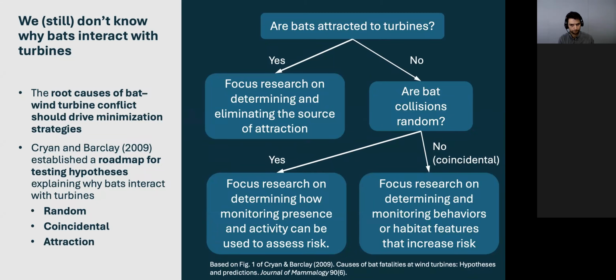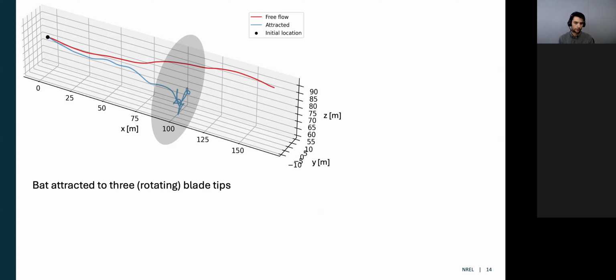And maybe a little more interesting is what if they're attracted to moving targets in particular? What if they're attracted to the blades of the wind turbines? This simulation, showing this in 3 dimensions, shows the motion of a free stream bat, not attracted to the wind turbine and just moving with the turbulence, that's in red, versus the motion of the same bat attracted to each of the 3 blade tips as they rotate around while the turbine is operating.